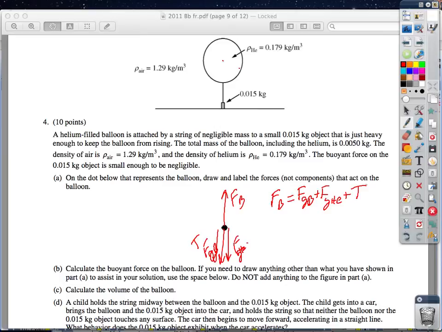Okay, that's fine. And then we know the tension, if it's staying there, just heavy enough to keep the balloon from rising. The tension is going to be the Fg of the mass.